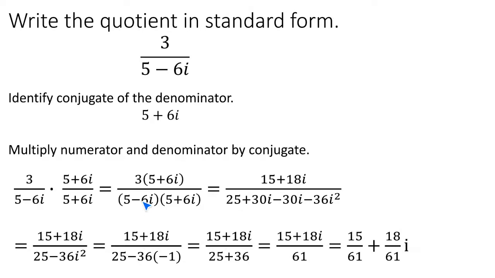Multiplying this times its conjugate gives us this long thing. But the shortcut is, since we're going to get a 0 here anyway, to square the first number, 5. We get 25. And then we square the 6. We get 36. And so you end up with 25 plus 36.